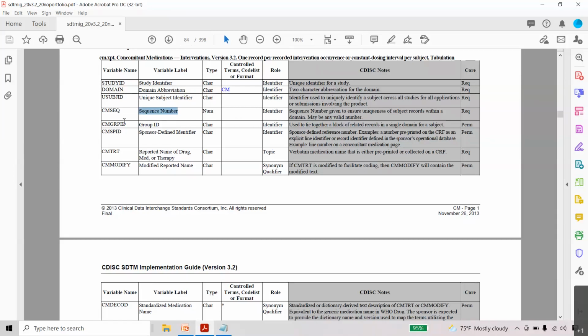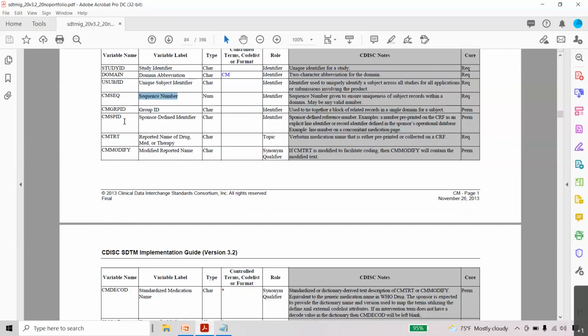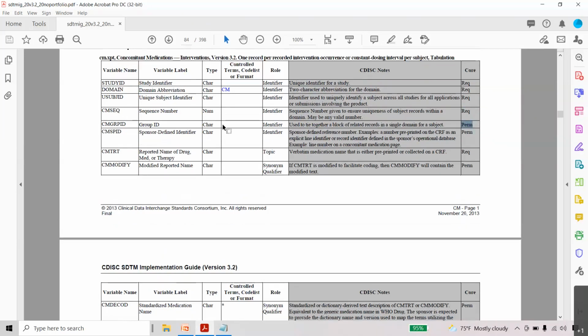Next, group ID. For particular medications combined together, or a group of records, we can assign one number. This is called a group ID. So this is a permissible variable. If the study team does not want to include it in the study, then we are not required to capture this variable.